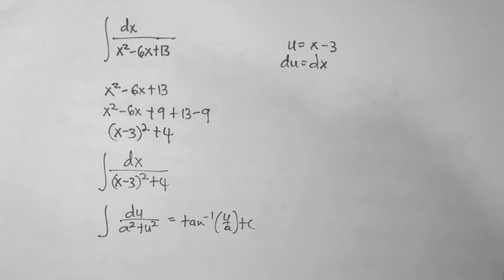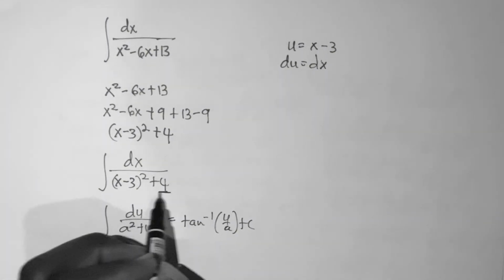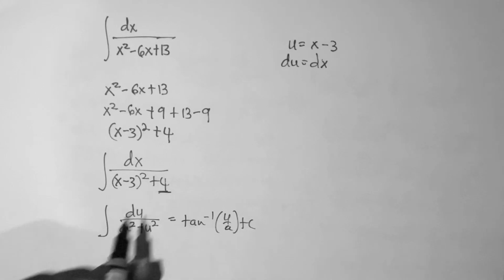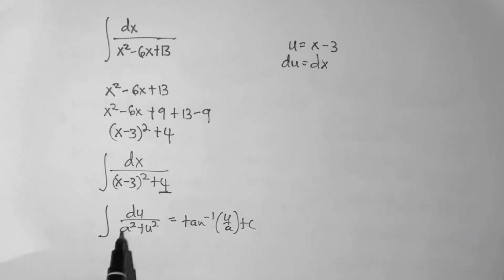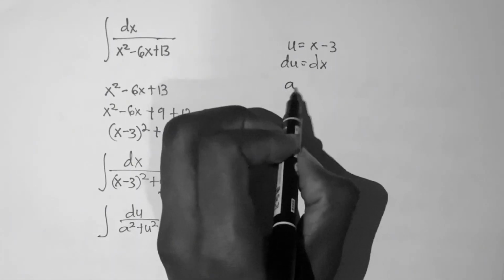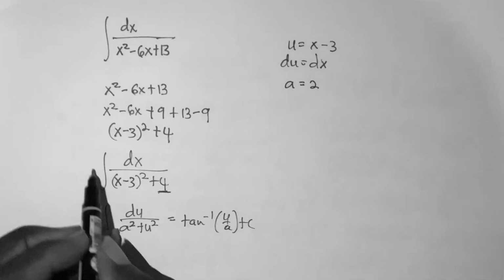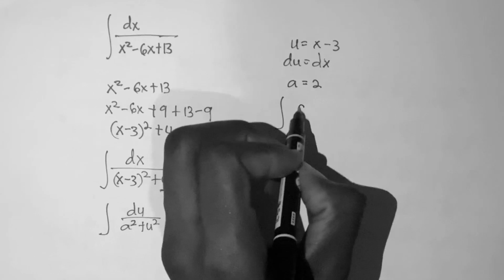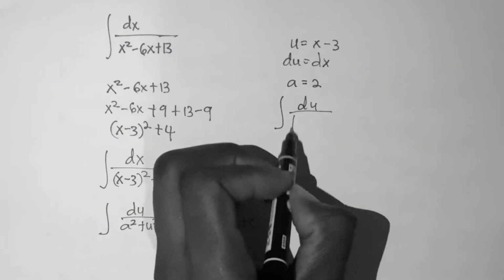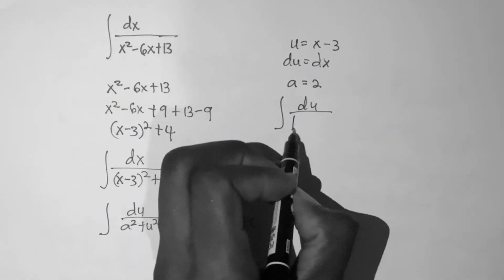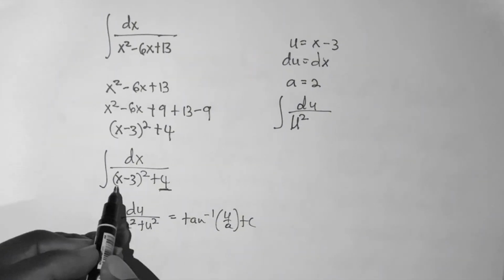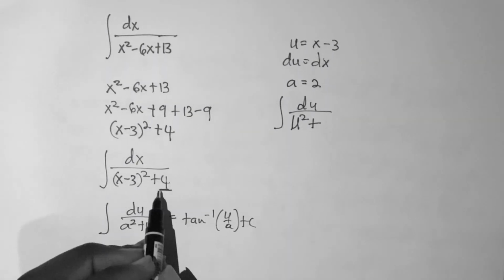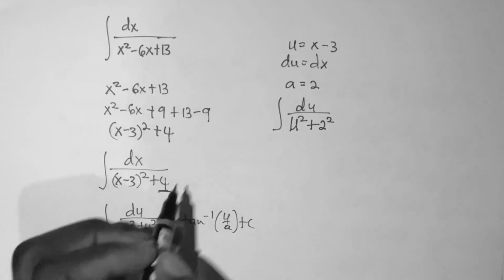And then in this case, a is equal to 2 because it's supposed to be a squared, so a squared is 4. So a is equal to 2. And therefore, this integral can further be reduced to, dx is du, so du over (u squared, because x minus 3 is u) plus 2 squared.